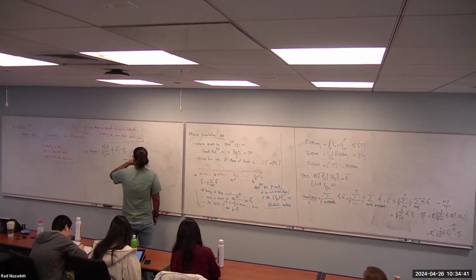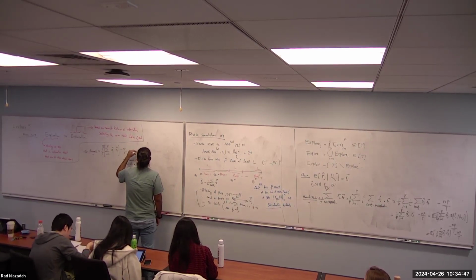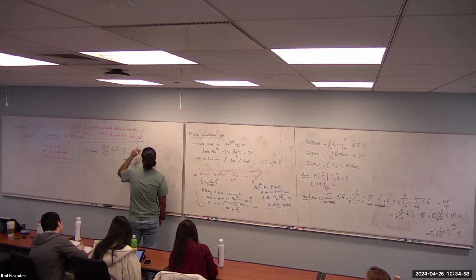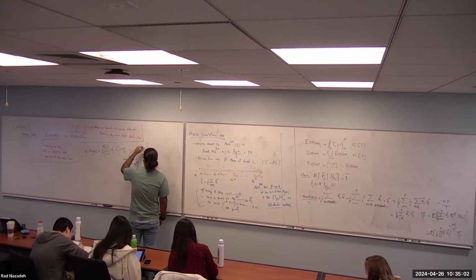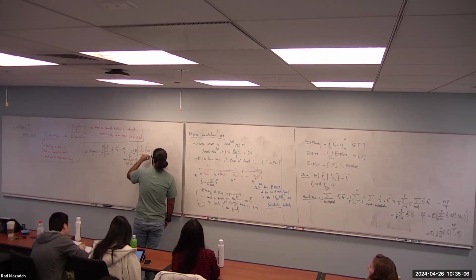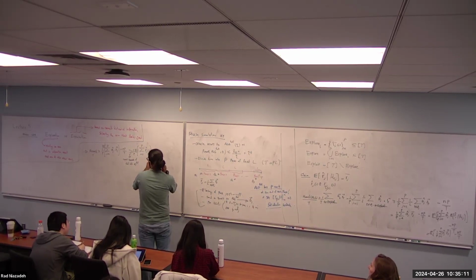I can say this is at least, let's say pick some arm I. So it is at least 1 over P, expectation of summation J from 1 to P, RJ hat I. All right.